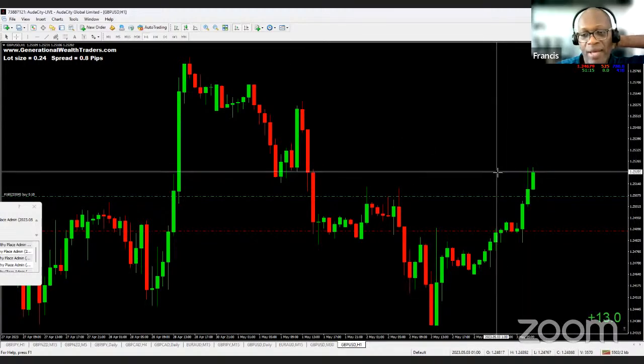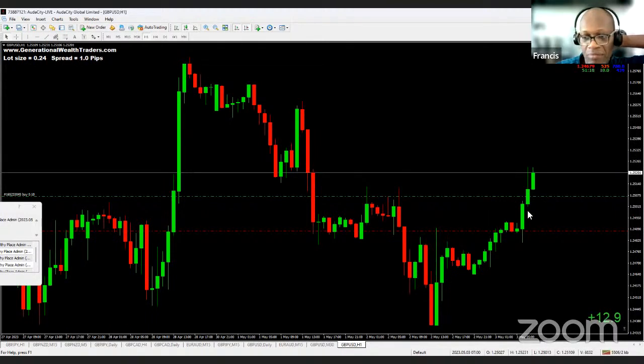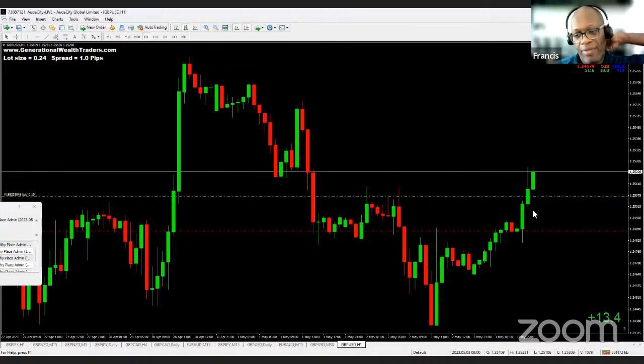That's one of the reasons why I would have confidence to leave this trade and not come out early. That's why I moved the stop loss, because there's momentum. You just have to give the market room to move.